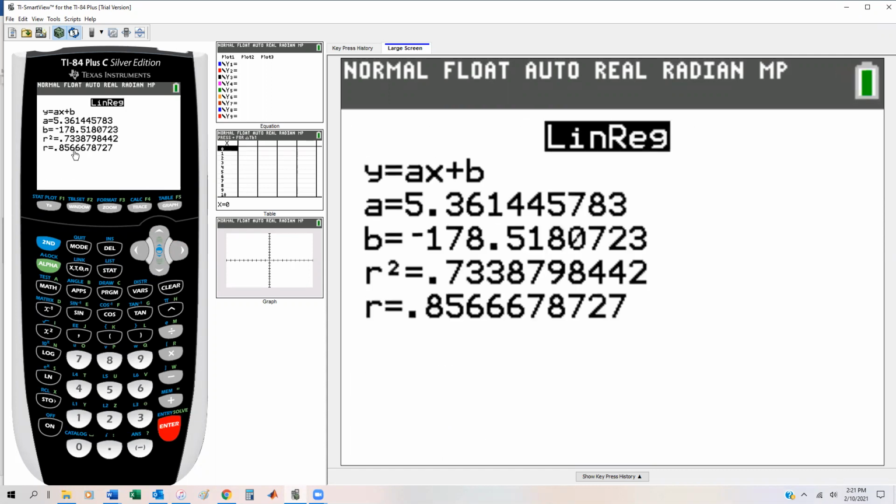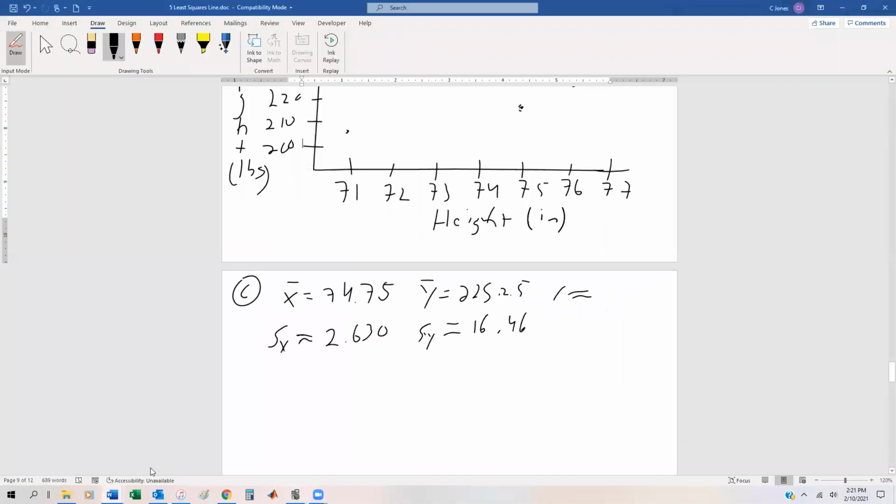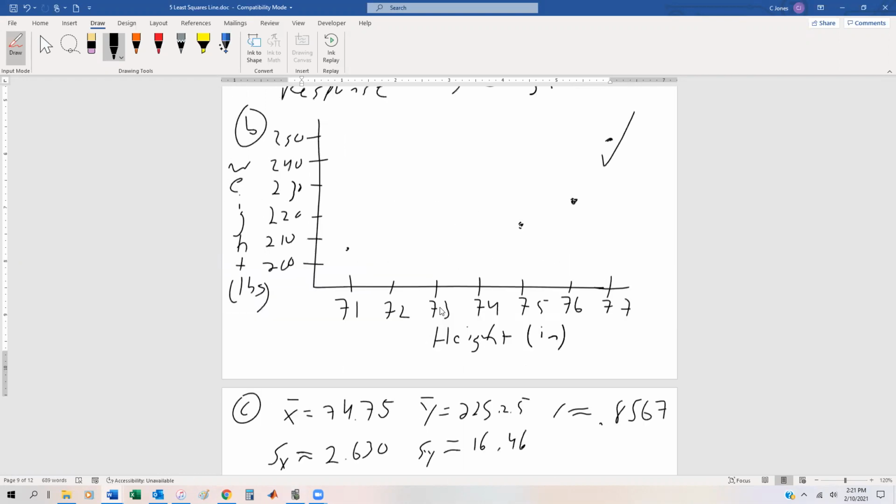And so the R value is 0.8567. So R in this case is approximately 0.8567.